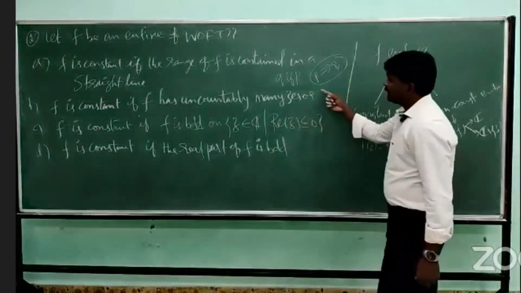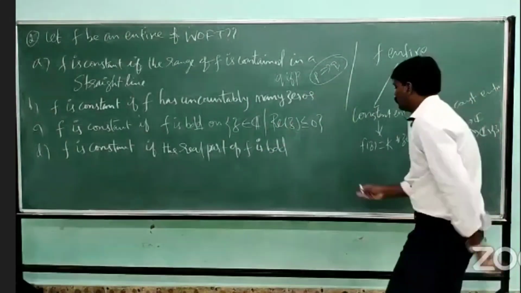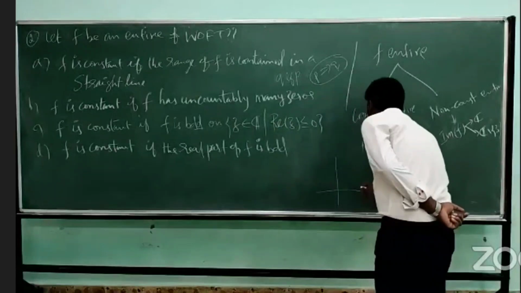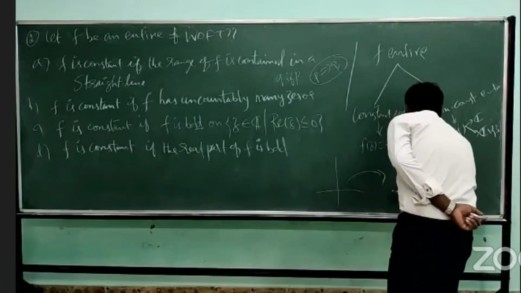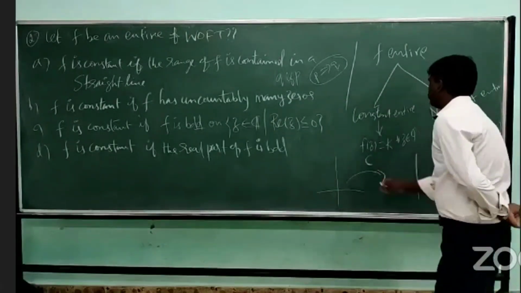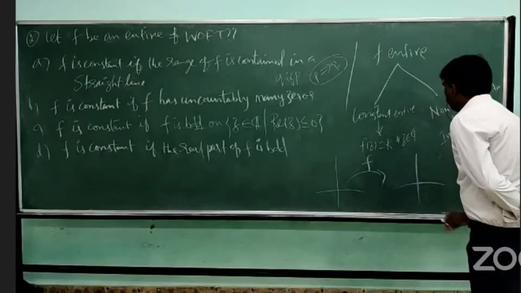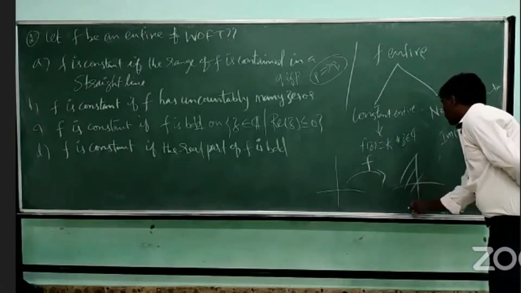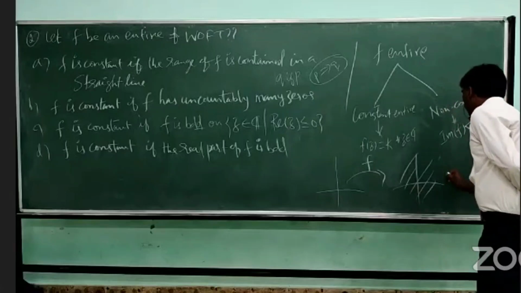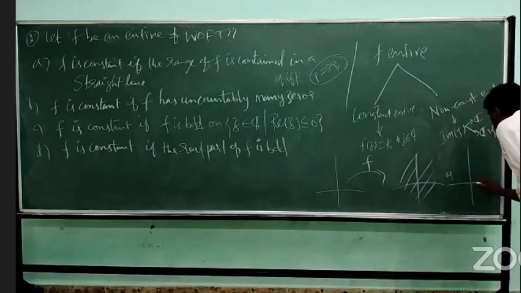Now, to conclude from that: f is an entire function whose output is the whole complex plane, or from that complex plane I removed just some point.